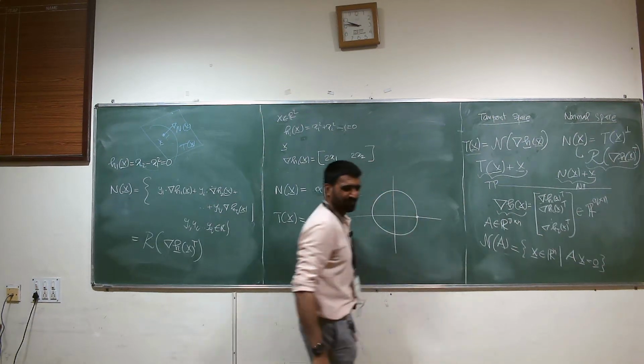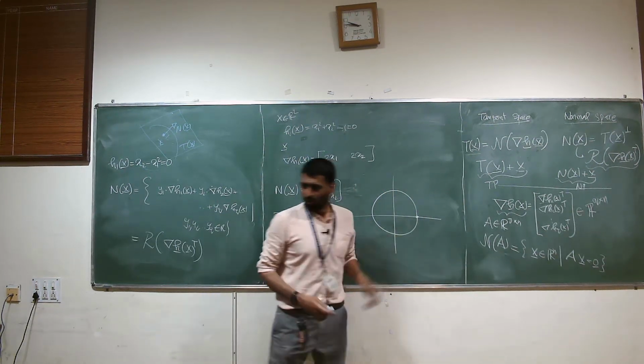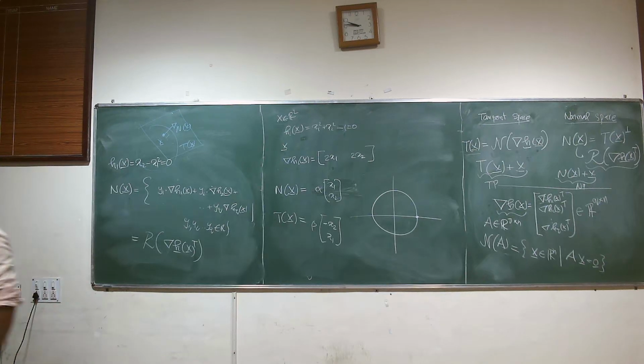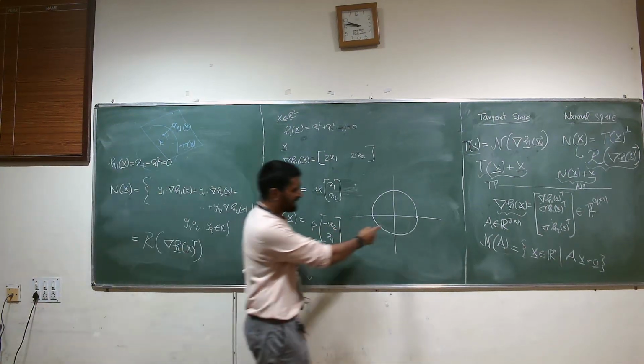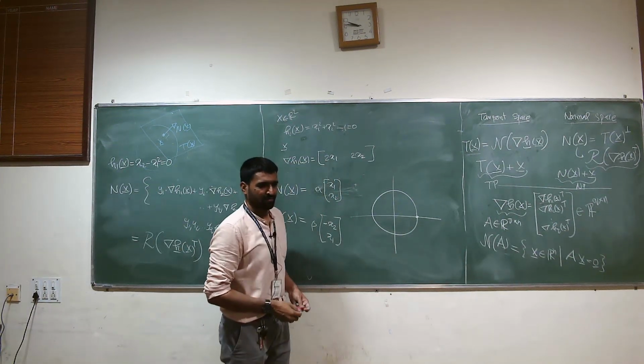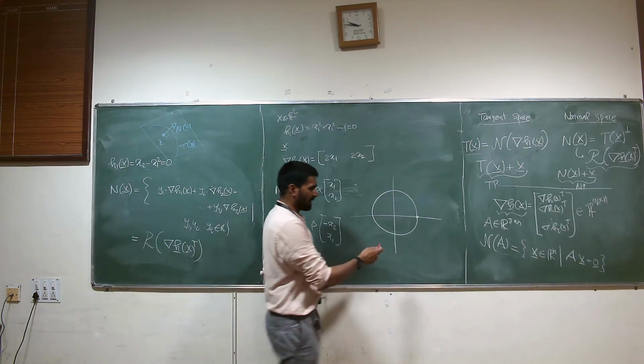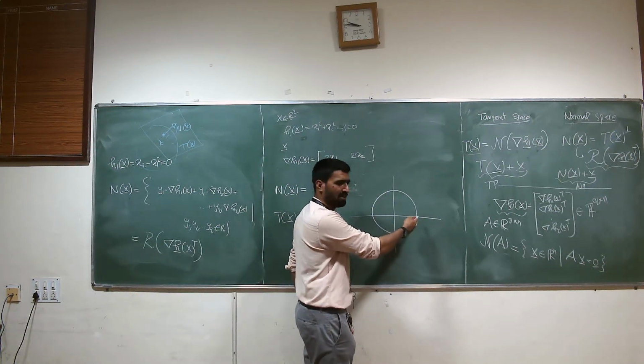Let's say we are at this point. How would you draw the normal plane here at this point? Let me ask you this: what is the direction of the normal space here?